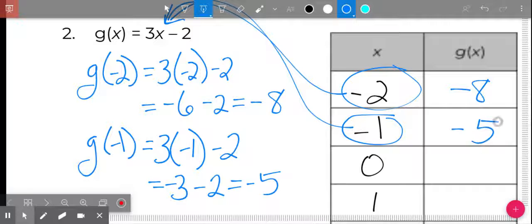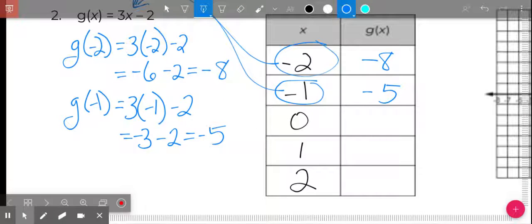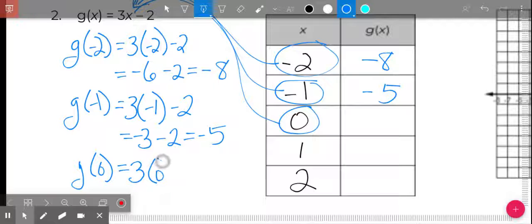So this output's going to be -5. Same thing now with a 0. So I'll have g of 0 equals 3 times 0. Oops, it's an ugly 3, isn't it, guys? 3 times 0 minus 2. Well, 3 times 0 just goes away, gives me 0. Minus 2 gives me -2.